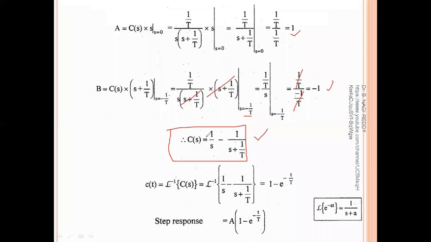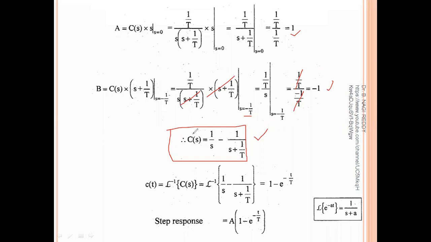If we do not apply partial fractions, we cannot apply inverse Laplace transforms to convert this C of s, because these two are not factorized. So we have to factorize like this. Now it is 1 by s minus 1 by s plus 1 by t.